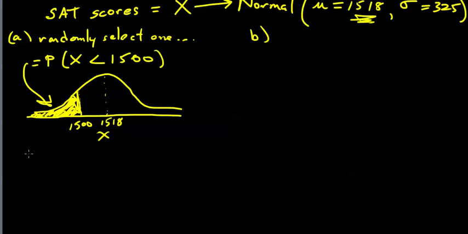Of course, I can find that with my normal CDF command. And we did this before in section 6.3. Theoretically, these x values go off to negative infinity, and our author says to use minus 999,999 to approximate negative infinity.